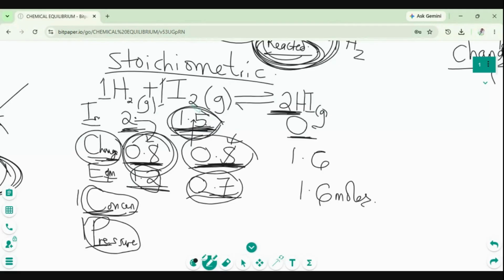You had your 1.5 here, 0.8 reacted, you now have 0.7. You had 0, 1.6 was formed, and if 1.6 was formed, what does that mean? It means you're going to remain with 1.6.